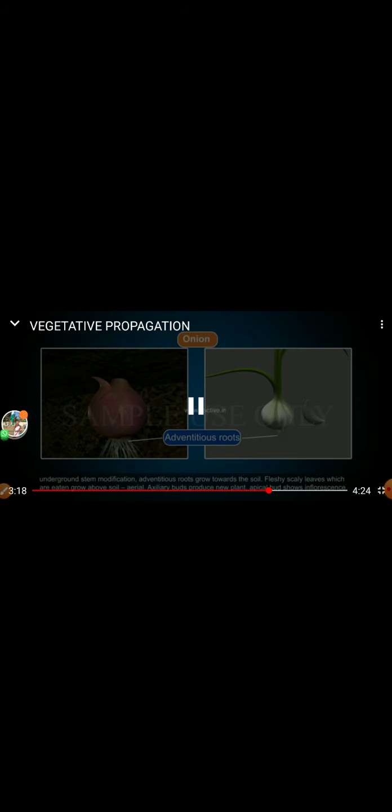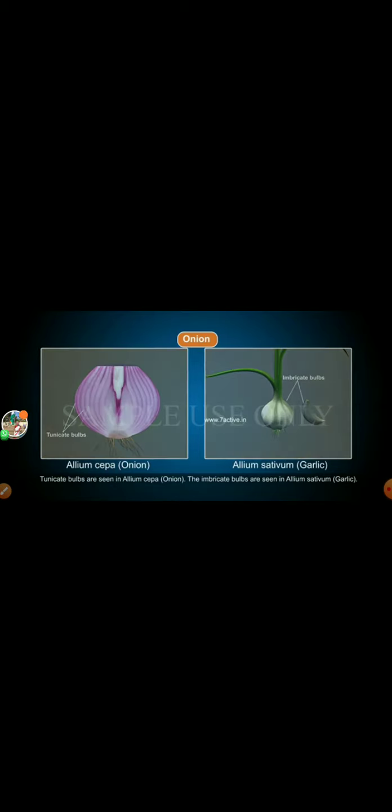Grow towards the soil. Fleshy, scaly leaves, which are eaten, grow above soil, aerial. Auxiliary buds produce new plant. Apical bud shows inflorescence. Tunicate bulbs are seen in Allium cepa, onion. The imbricate bulbs are seen in Allium sativum, garlic.